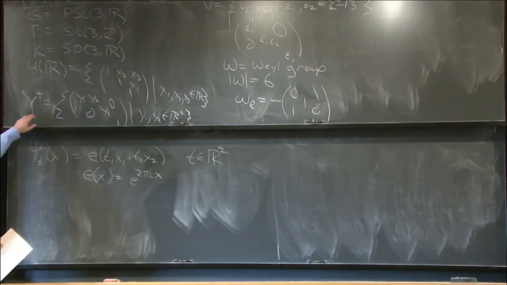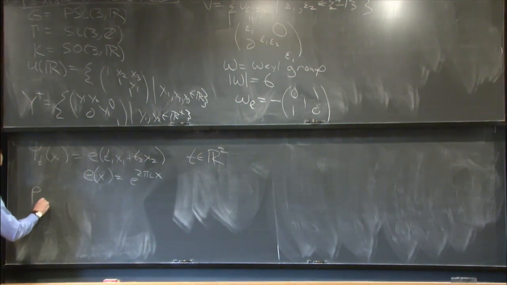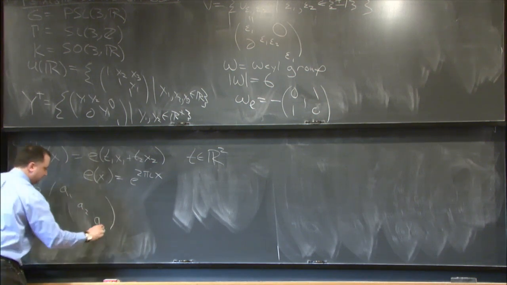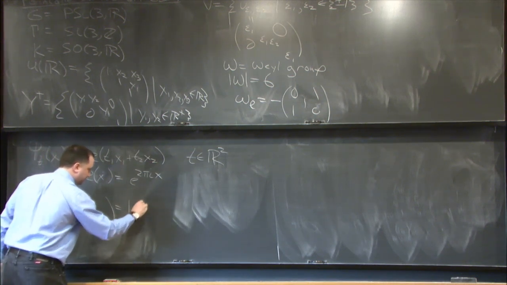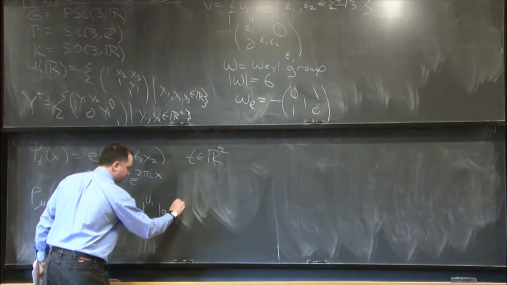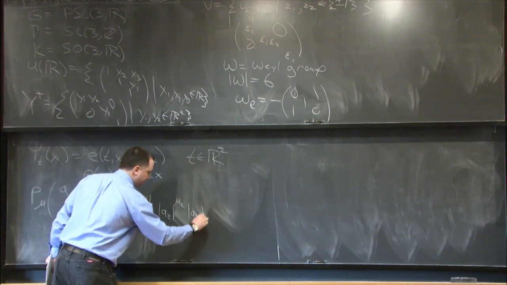Characters of this space are given by the power function: P mu of A1, A2, A3 is abs A1 to the mu 1, abs A2 to the mu 2, abs A3 to the mu 3.